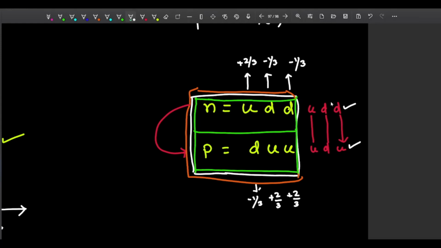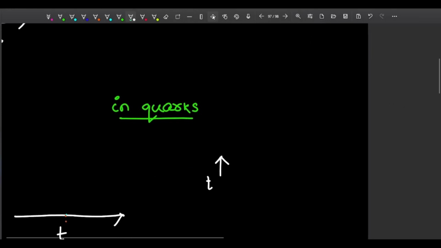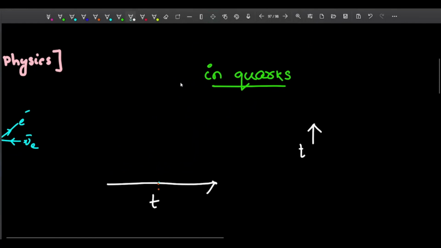Both these quarks remain the same throughout the interaction, but only one pair of quarks is involved in these kind of interactions. So let us write these quark combinations in order to represent the Feynman diagram. This is another kind of question where you have to draw the Feynman diagram for beta decay, but in terms of quarks.